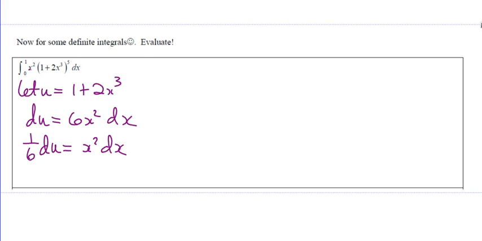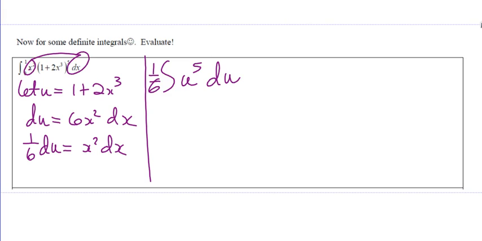So this will be the integral, 1/6 times the integral of u to the 5th du. Okay, so 1/6 du is replacing the x squared dx, and 1 plus 2x cubed is replacing u, so we've got u to the 5th. 1/6 du, which is 6x squared, is x squared dx.